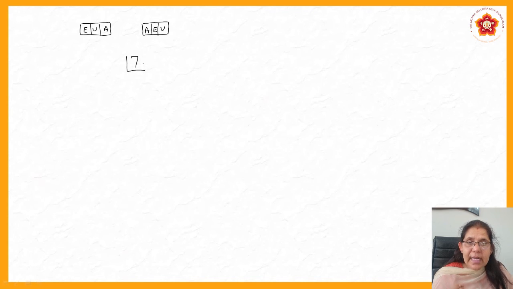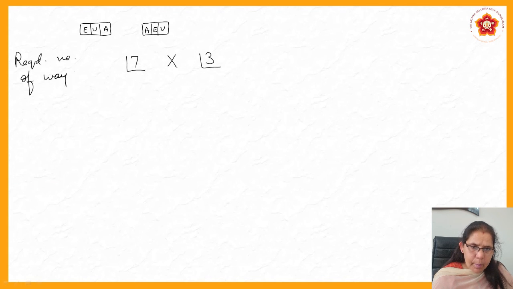So though the 3 vowels will be together, their arrangements can still be different. So what would be the number of arrangements? 3 vowels can occupy 3 positions, so it will be factorial 3 ways. So this is our required number of ways.